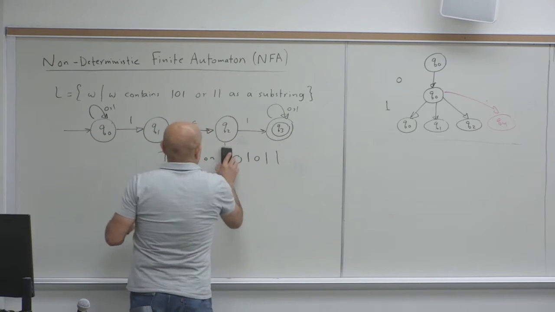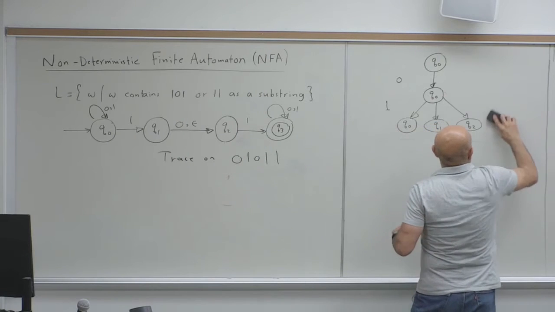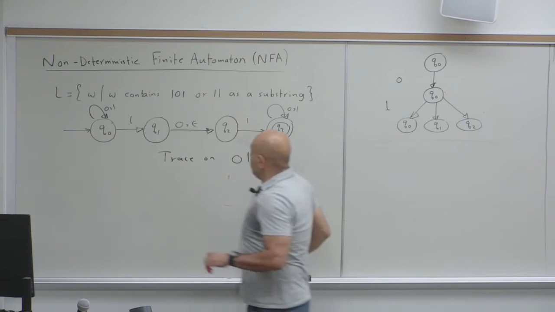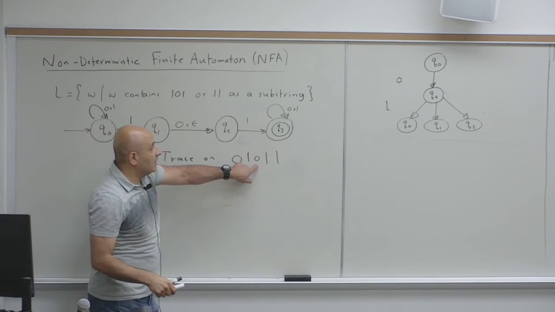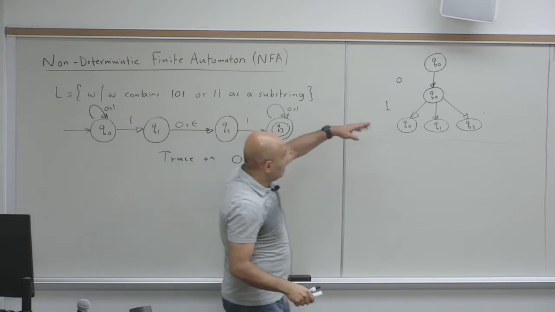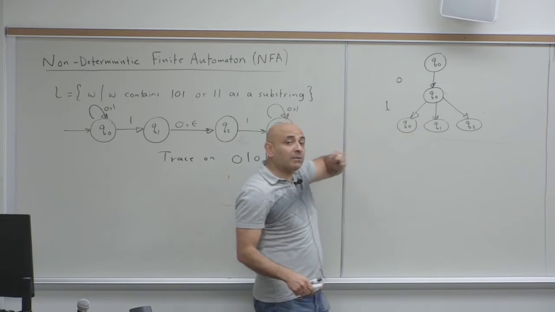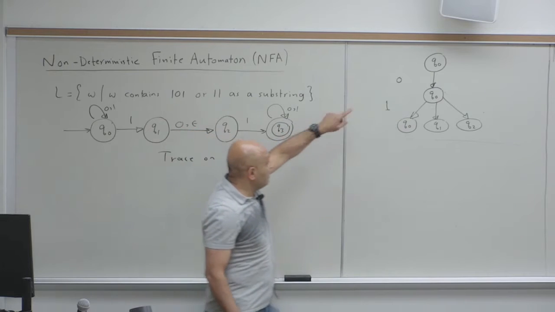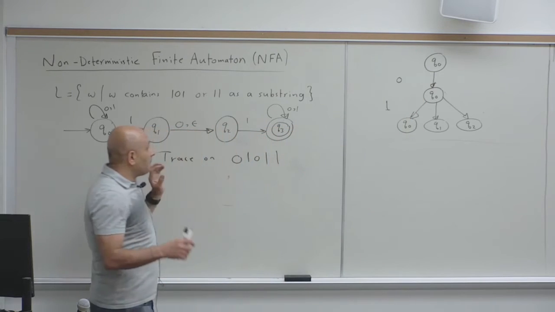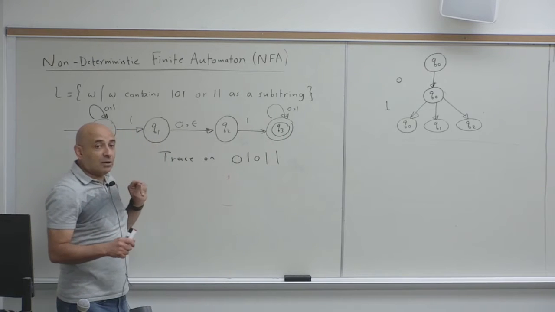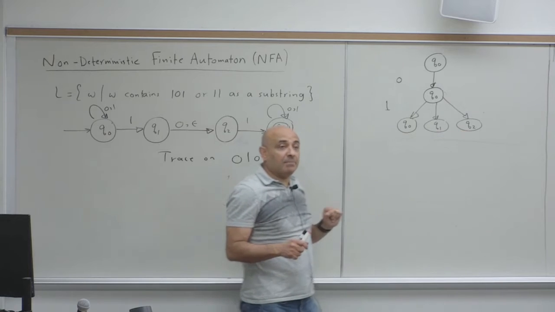So let's get rid of this. Now, what will happen next? What will happen next is I get a 0. Now, I have 3 different possibilities, 3 different paths. That's why it's non-deterministic. And I have to process the 0 for each possible state that I can be in.